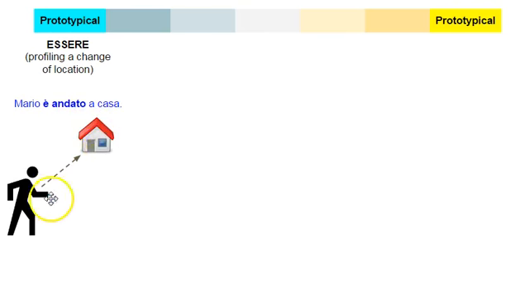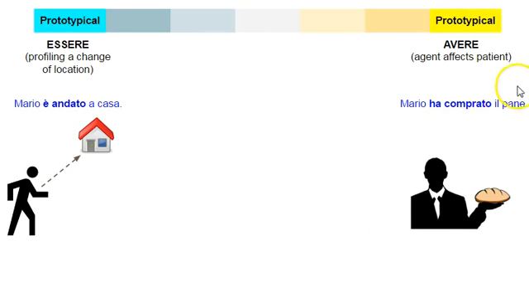So you use it for any change of location, which is andare, venire, arrivare, ritornare, so to come back, go, leave, and so on. On the other end of the spectrum, we have the prototypical use of avere, where the agent affects a patient. So Mario ha comprato il pane. We have Mario here, the subject, and the object, the bread. So we have two entities in this situation. In the other one, we just have one entity that moved from one location to another. So these are the prototypical uses.